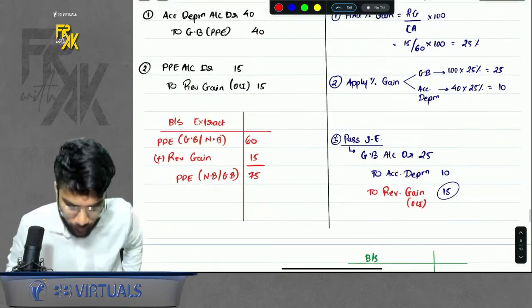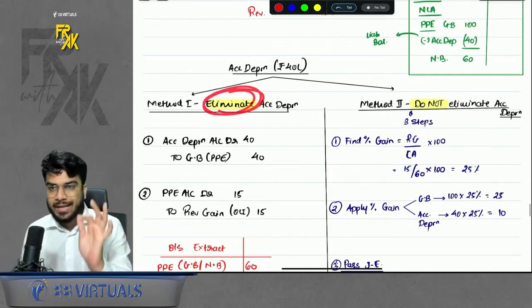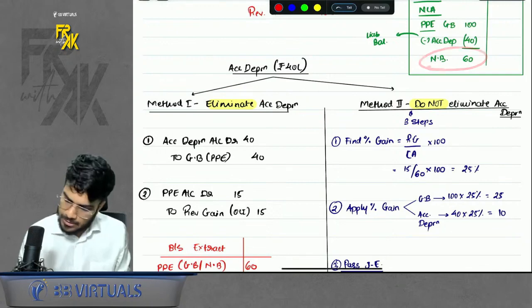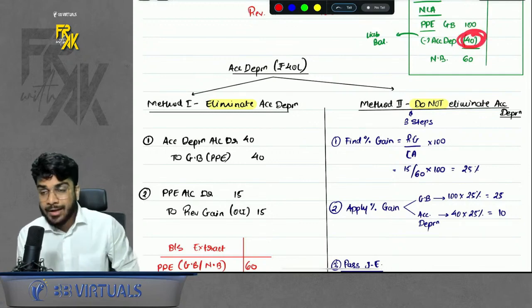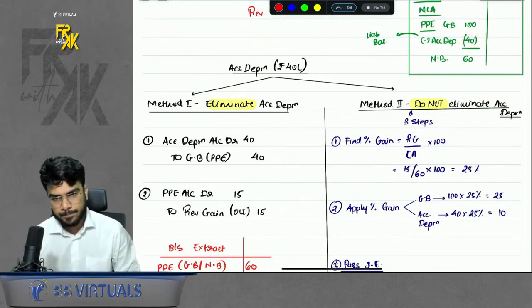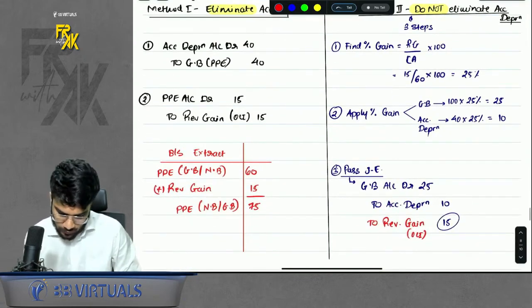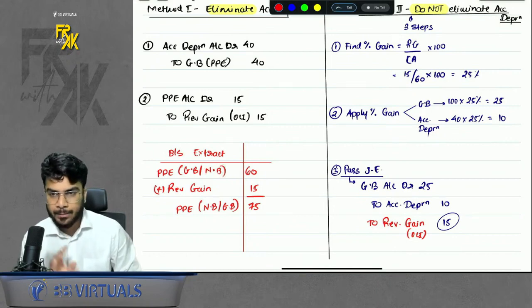Under the first method, because you are revaluing the net block, just eliminate what was there previously. So we eliminated the accumulated depreciation against the gross block, and then we directly booked the gain on the net block, right? So there was only one thing, net block, which was showing. There was no accumulated depreciation.